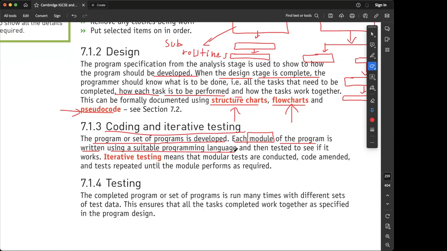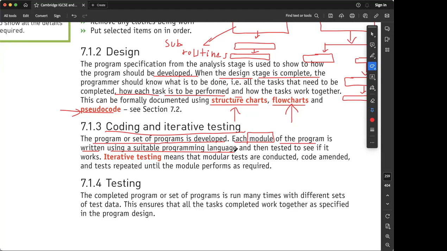After designing and understanding the program, you start coding using a programming language. Either C++, Java, Python, or any other language. You can use any language to code your program. That is called coding, right?